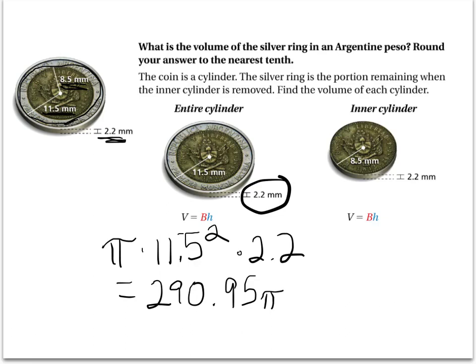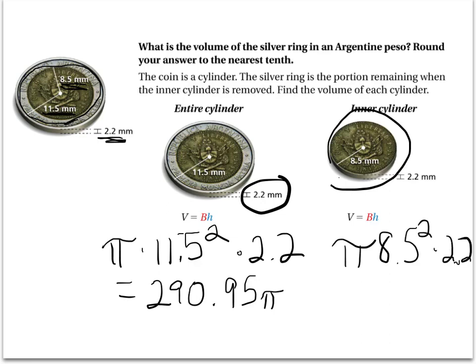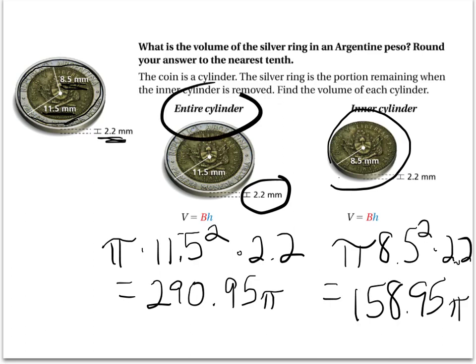I now look at the inner cylinder. The radius is 8.5 right there. Sorry, kind of blocked that all up. I'm going to go pi times 8.5 squared times the 2.2. That becomes 158.95 pi. Okay, so I've got the volume of the entire cylinder and the volume of the inner cylinder.